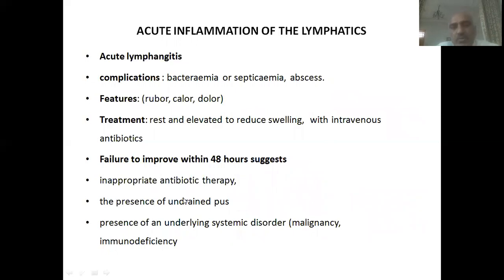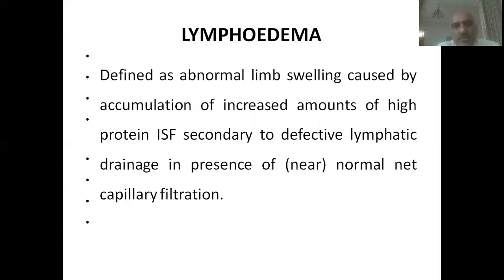If it does not improve, it may mean that the antibiotic is not proper according to the empirical organism we are suspecting, like Staph aureus, so it may be something else, and you have to take a culture. Check for underlying pus. If pus is there, it will not resolve, and you have to drain that pus. And if there is some other disorder like malignancy or immunodeficiency, it will not respond to antibiotic only, so you have to investigate and find out the cause.